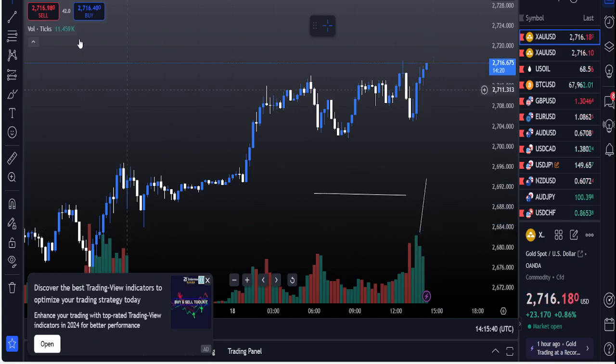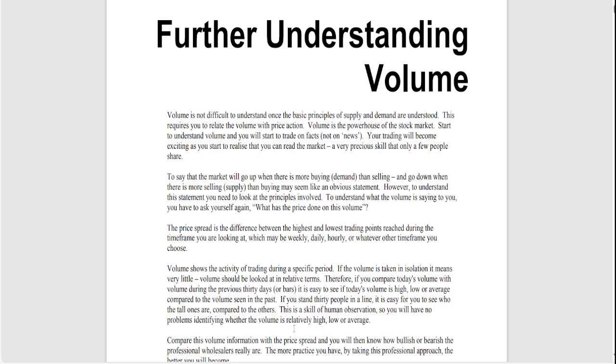If you stand 30 people in a line, it is easy to see who is the tallest compared to the others. This is a skill of human observation, and that skill you have to apply when you are judging whether volume is high, low, or average.